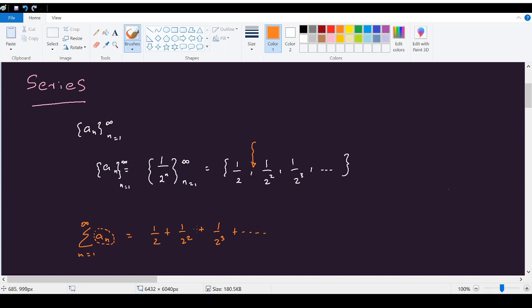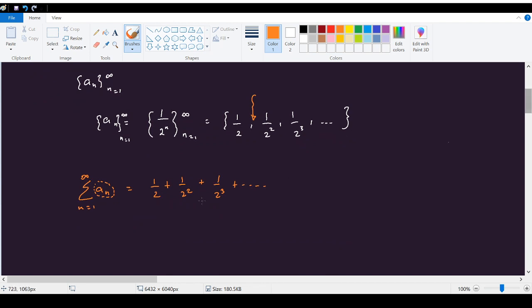So to define a series, first of all, we need some sort of a sequence. Here, a_n is a sequence, that means an ordered list, where each and every term is separated by a comma.